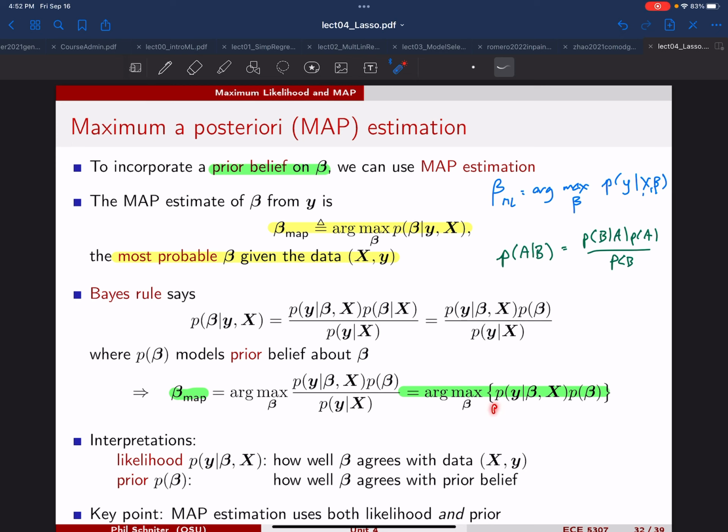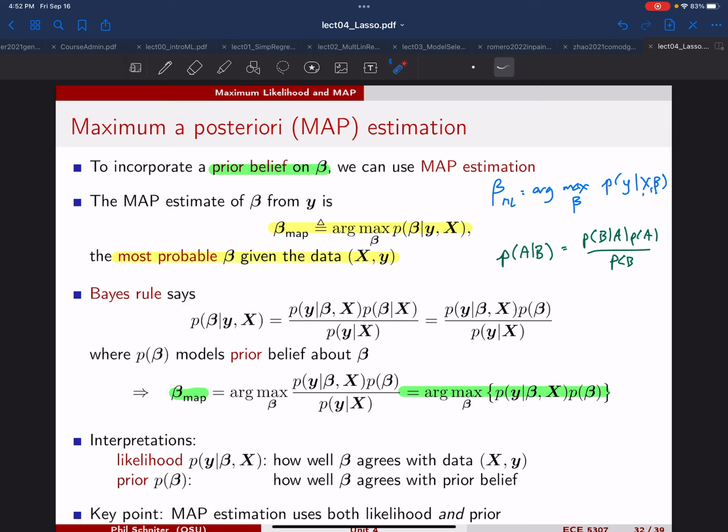And when you take the product of them and scale it, you get this thing, which is called the posterior. So posterior means after you collect your data, you have a new belief about the beta. Before you collect your data, you had your prior belief. Afterwards, you take in the data, and that gives you your posterior belief.